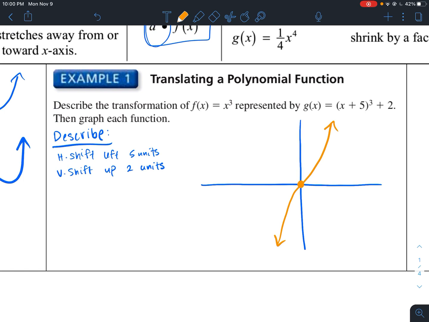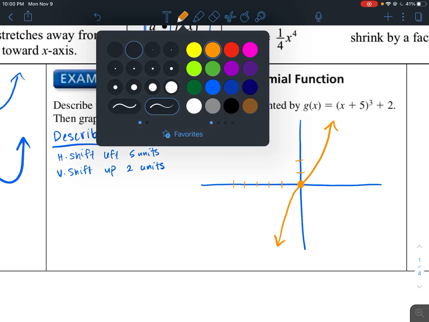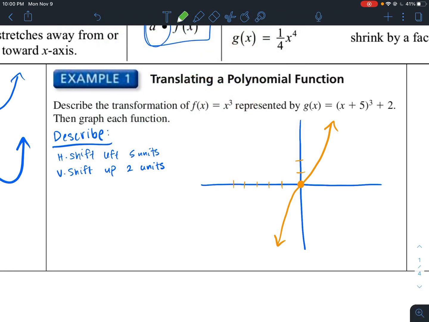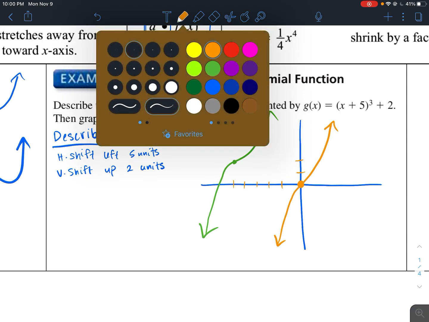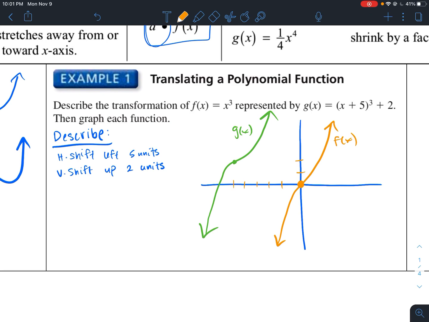So shift this instead of the vertex. But like we said, we're going to shift to the left 5 units, so 1, 2, 3, 4, 5. And then we're going to shift up 2, 1, 2. So 5 and 2, so we'll be right there. But we'll take on the same general shape of the graph. So this is g of x, and this is f of x.